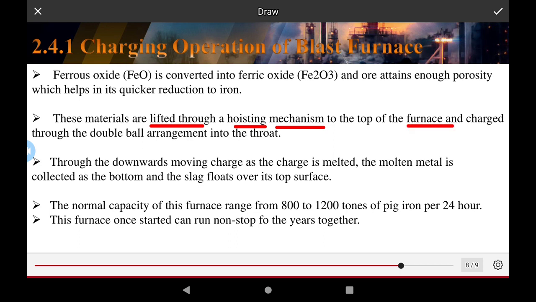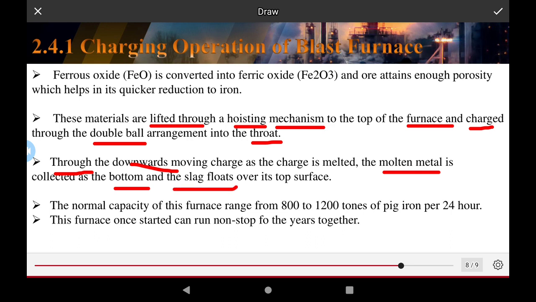The charge is fed through a double bell arrangement into the furnace. As the downward moving charge melts, the molten metal collects at the bottom.